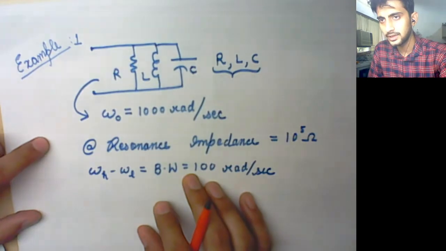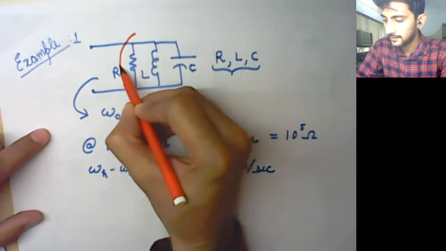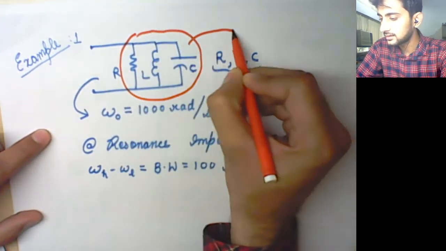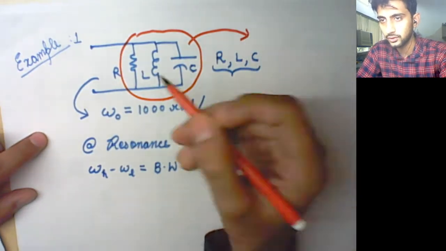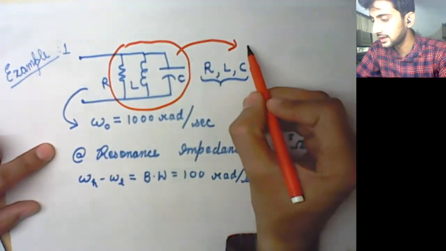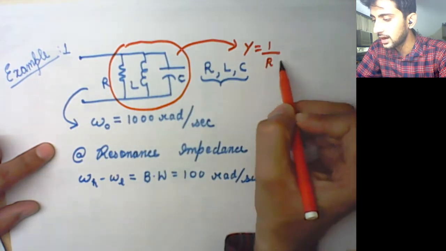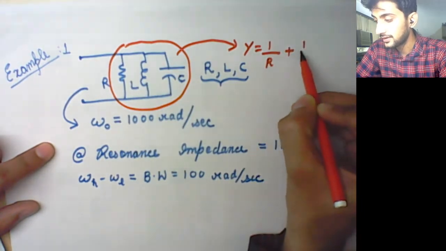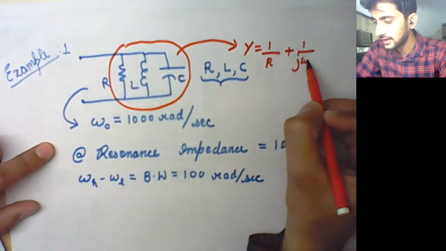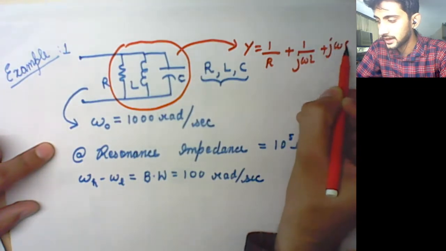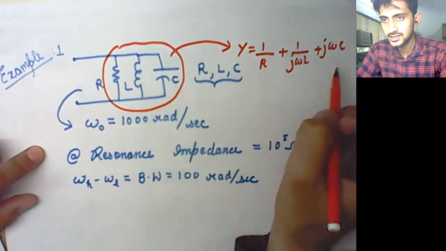Anyways, if you take the admittance representation of this RLC circuit, the admittance is equal to 1 upon R plus 1 upon j omega L plus j omega C. I hope you would all agree with this notation.